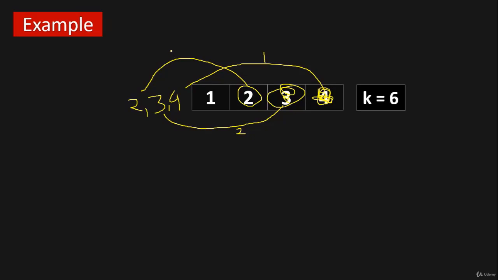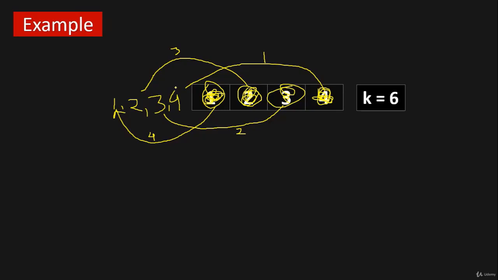Here we have done 3 steps, and let's remove 2, then let's move 1 right over here, and here we have done 4 steps. 2 steps left, and here let's remove 1 as well.